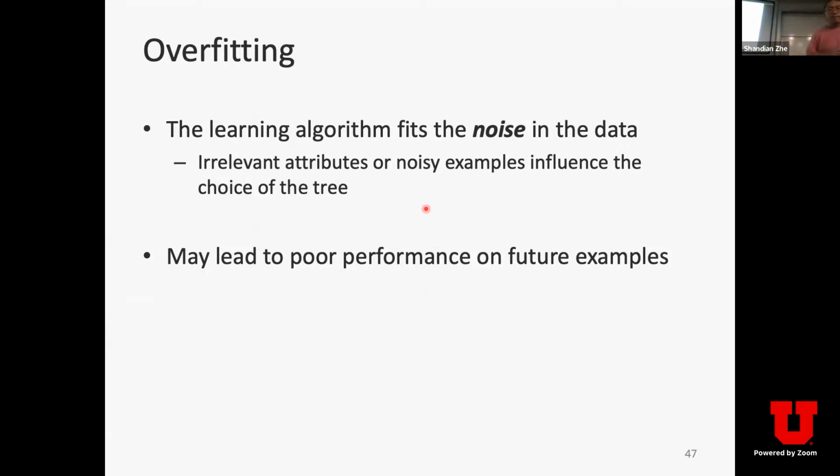So in the last lecture, we discussed different variants of decision trees, and then we introduced a very important concept called overfitting. So overfitting, as it literally means, is that you fit the training data so well, right? This won't be a problem if your training data is perfect. There are no errors, there's no noise. That's fine. Overfitting is not a bad thing. However, in practice, data is not always perfect, right?